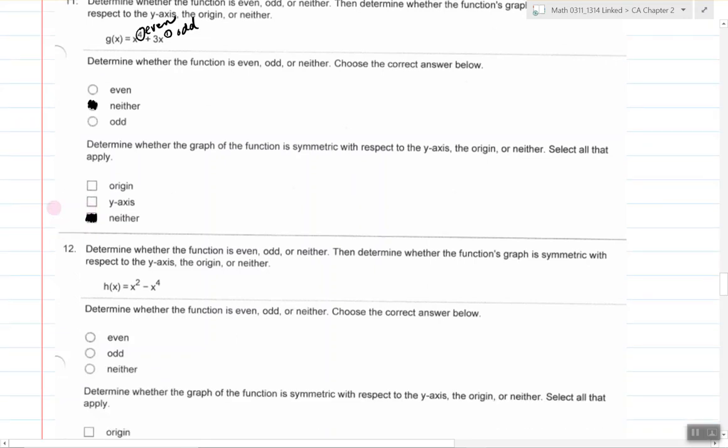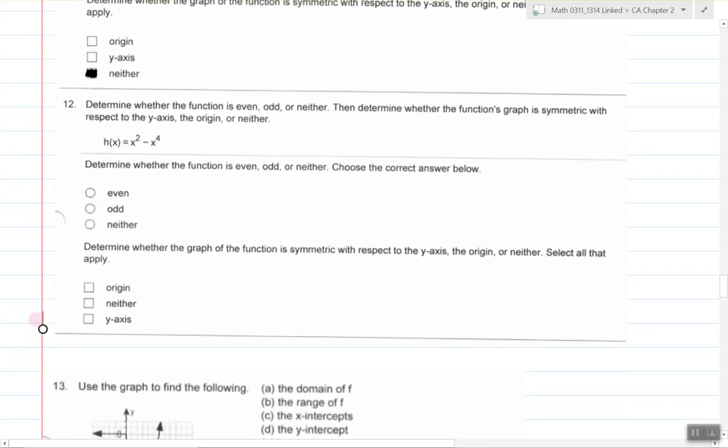All right, let's look at one more of those. This exponent, which is a 2, is even. This exponent is a 4, which is even, which means the function is an even function. And if it is even, it has y-axis symmetry.